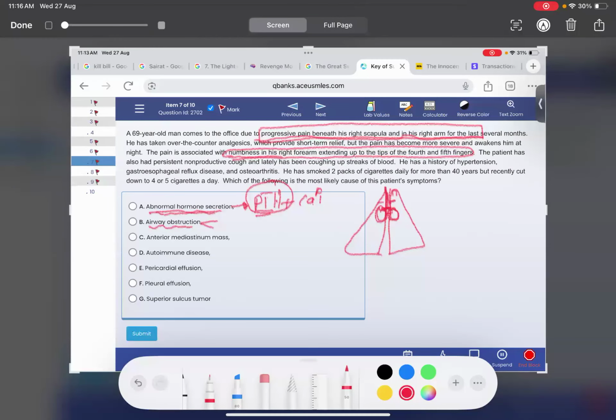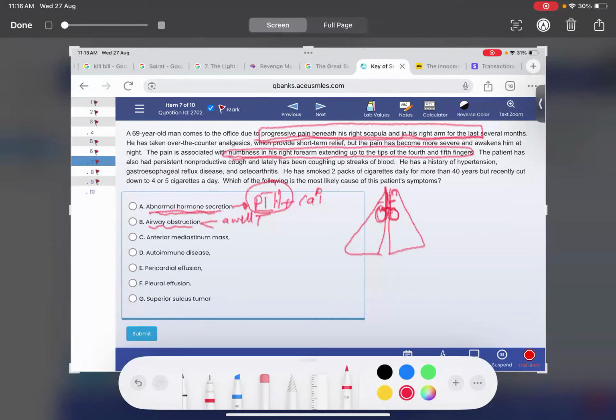Yes, sir. You have excluded this as well. But in this case, it's saying the mass is below the scapula, right? Let's come to it, I will let you know what is going on.